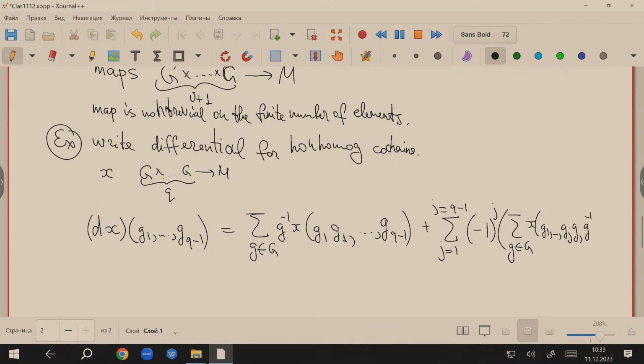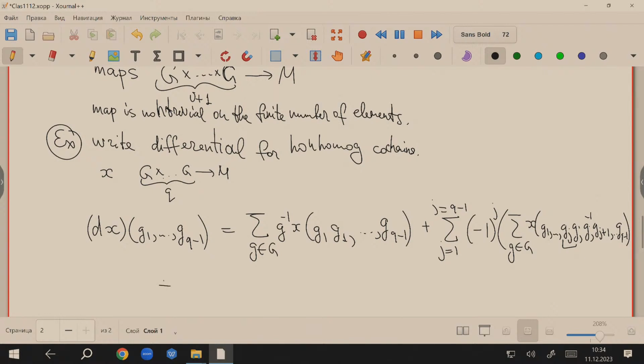So you are putting g into g_j, writing g inverse in the next entries, and then you continue with g_{j+1}, up to g_{q-1}.